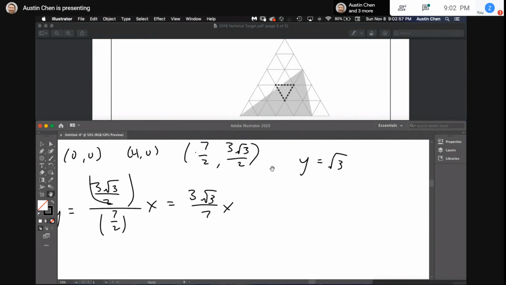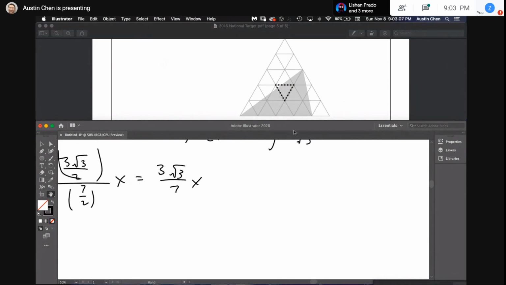Well, we can just find the coordinates of 2 points there. That point right there is at 2, root 3, and that point right there is at 5/2, root 3 over 2.